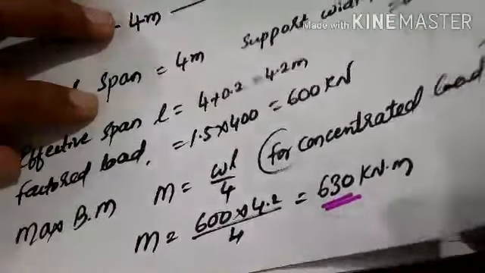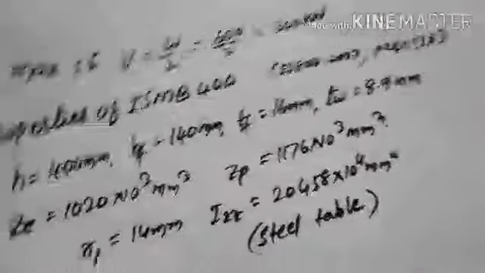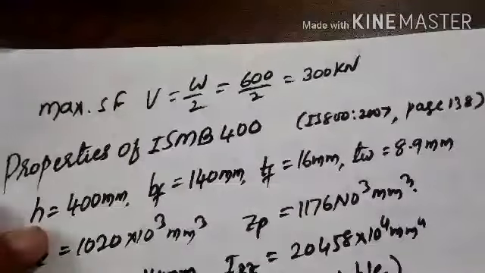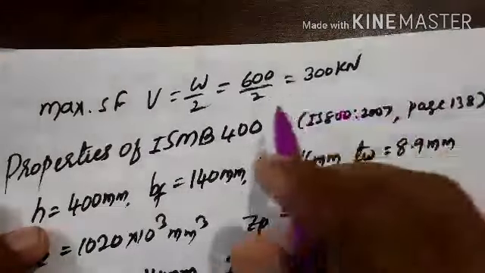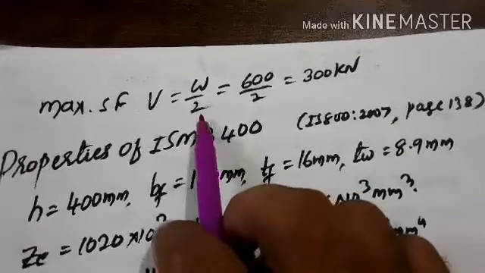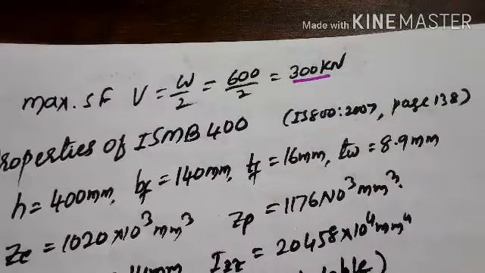Once you have calculated the bending moment, the next is the maximum shear force. Again, as we know, the maximum shear force value will be W by 2 for a centrally concentrated load. Then we get a shear force of 300 kilonewton.